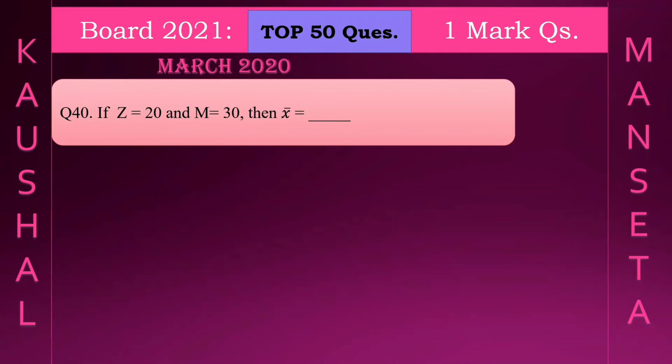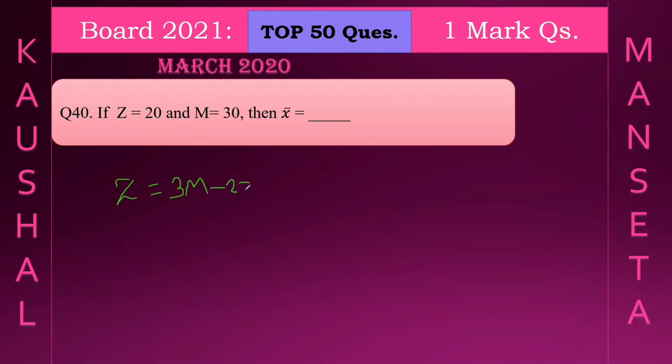The value of mode is 20, and also given that the value of median is 30, and we are going to find the value of mean, which is denoted by x bar. We know that the formula relating mean, median, and mode is z equals 3m minus 2x bar.